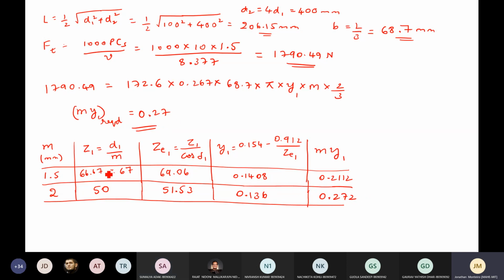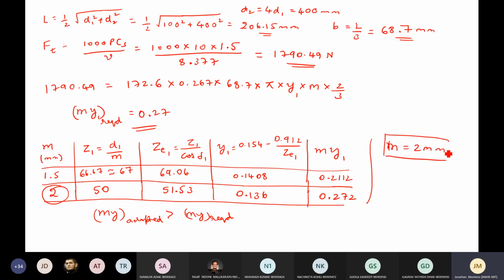So this is what we got, slightly above what is required. So m into y adopted is greater than m into y required. So the final thing is module m is 2 mm, then Z1 is now 50.